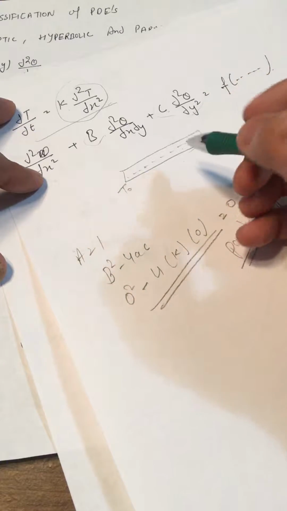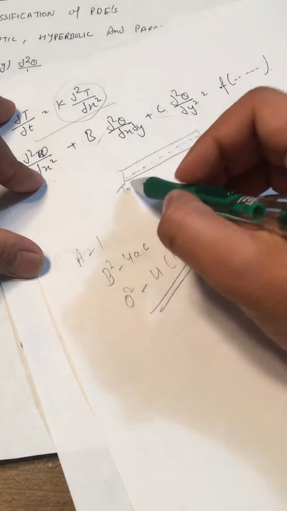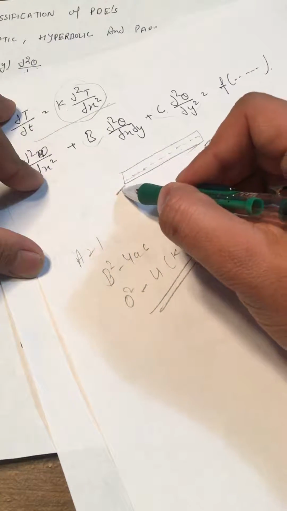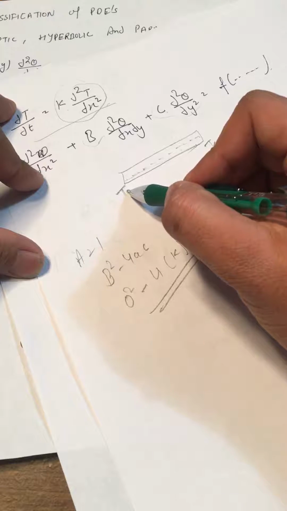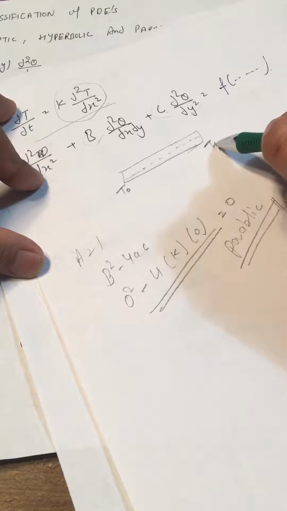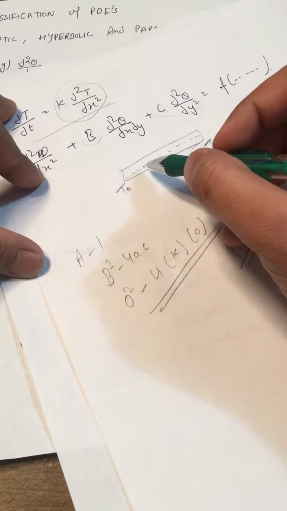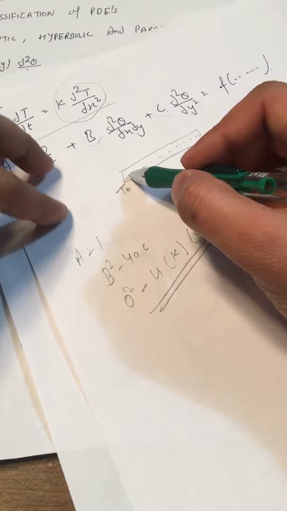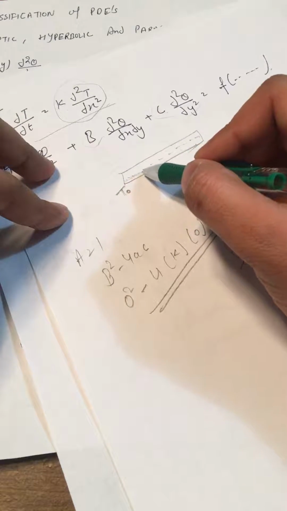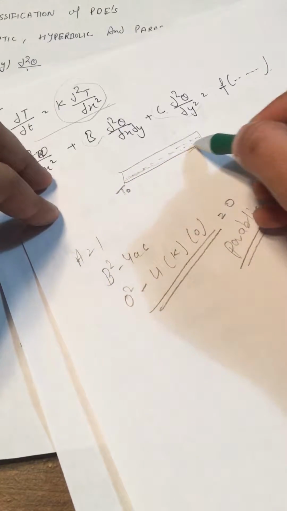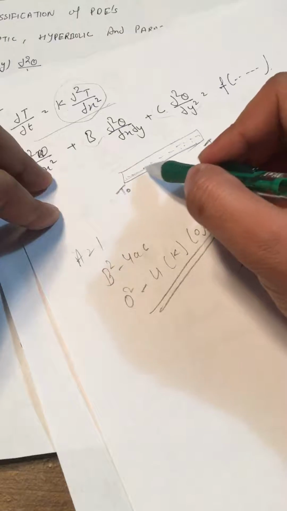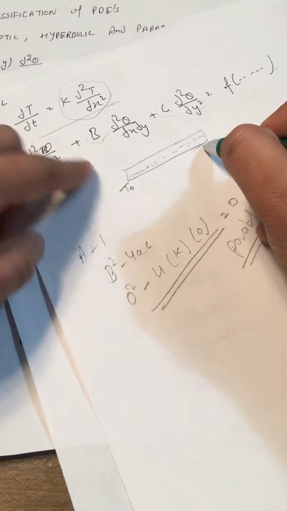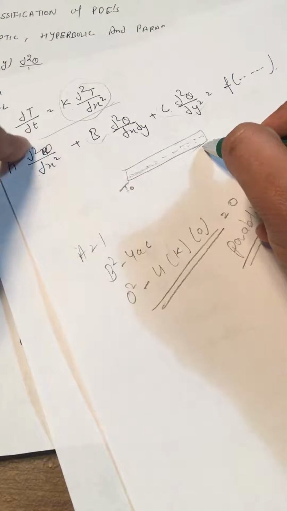Then let's take a rod, and at the initial we have T naught temperature, at the final we have T final. We are going to find the temperature at any point on this rod.